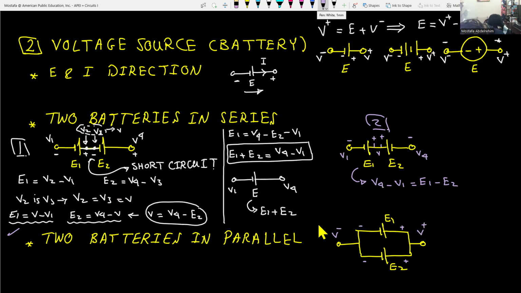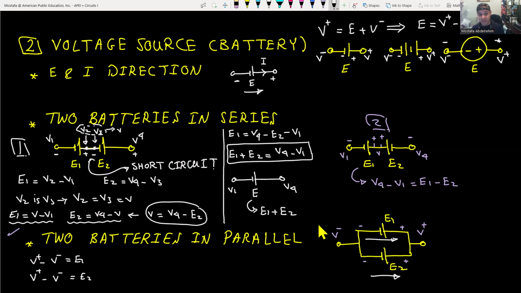So V positive minus V negative equals E1. And also V positive minus V negative equals E2. From the first branch, V positive minus V negative is equal to E1. From the second branch, V positive minus V negative is equal to E2.